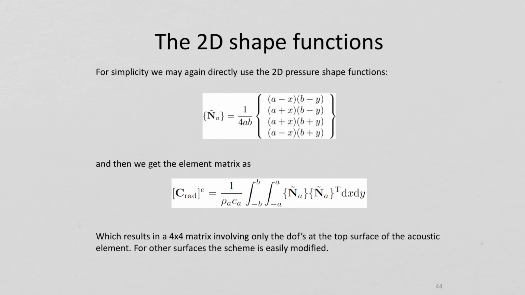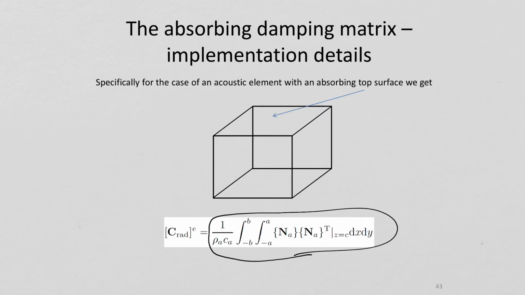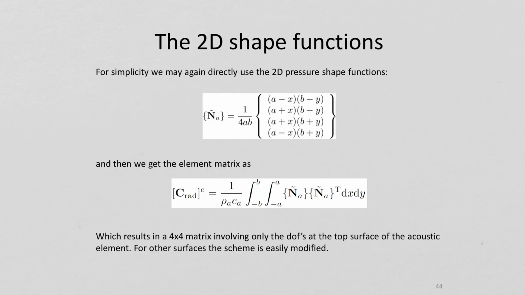This was expressed with the 3D shape function here, then expressed with the 2D shape functions. Sorry, that's the final one here. So we do the integration on the 2D shape functions and then get the local damping matrix for the absorbing boundary condition as this.